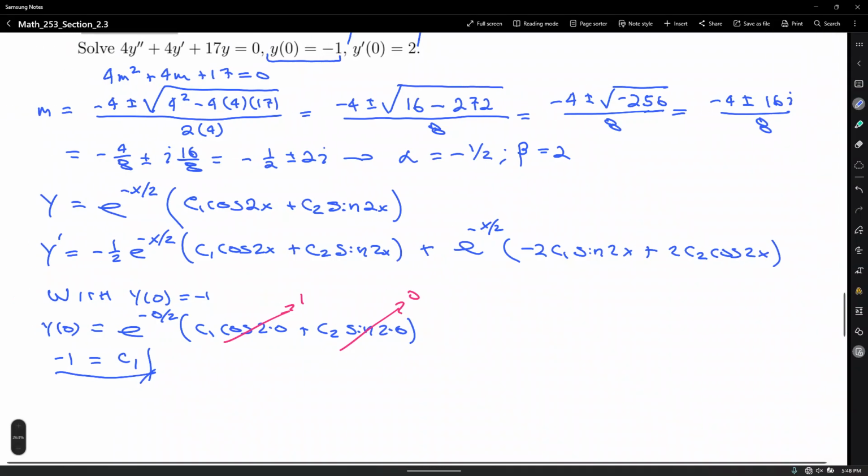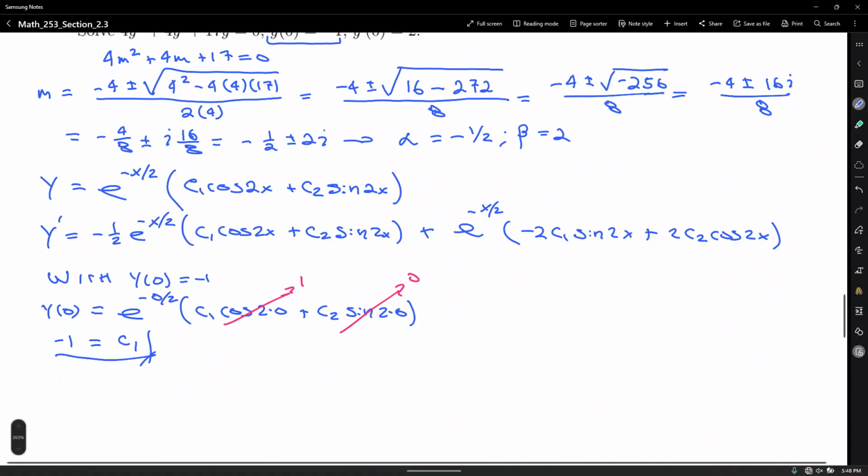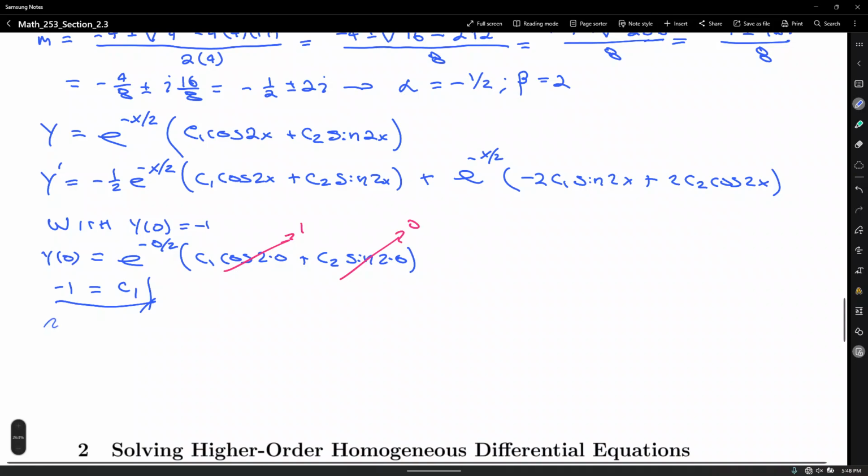So that's c1. We're going to use the initial condition for the derivative to get c2. Yes, it's going to be a bunch of substitution and plugging in, with y prime of 0 equal to 2.